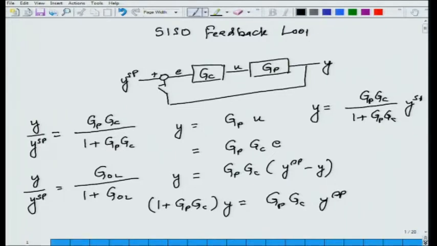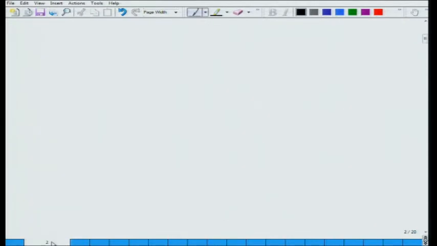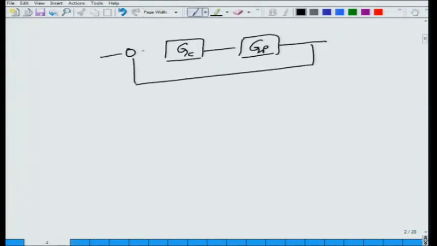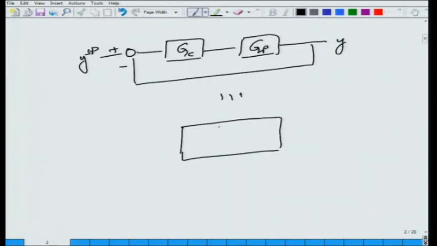So, maybe we will go to the next page. So, what we have is this simple feedback control system with Gc and Gp, and the above block diagram is equivalent to this, it simplifies to this.